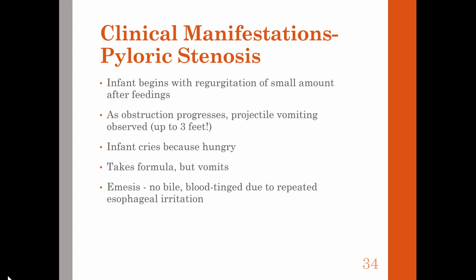And these infants are very fussy because they're not getting anything in, and they're not eating, and their emesis is not bilious. And then their emesis may be blood tinged due to that repeated esophageal irritation. So the child's repeatedly vomiting, and so there may be some blood in that projectile vomiting.